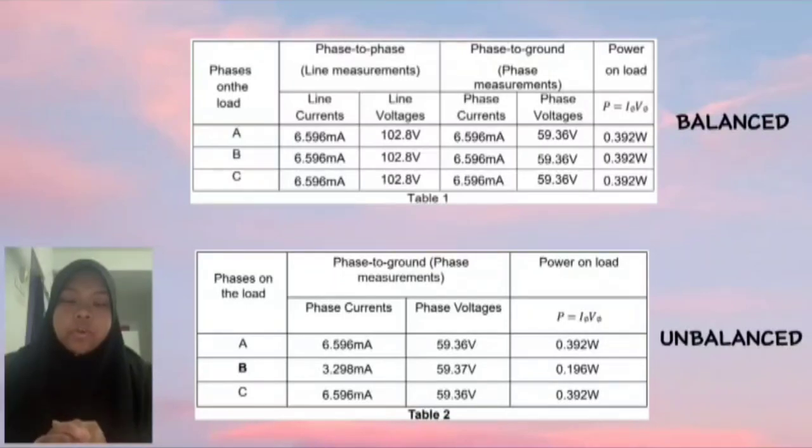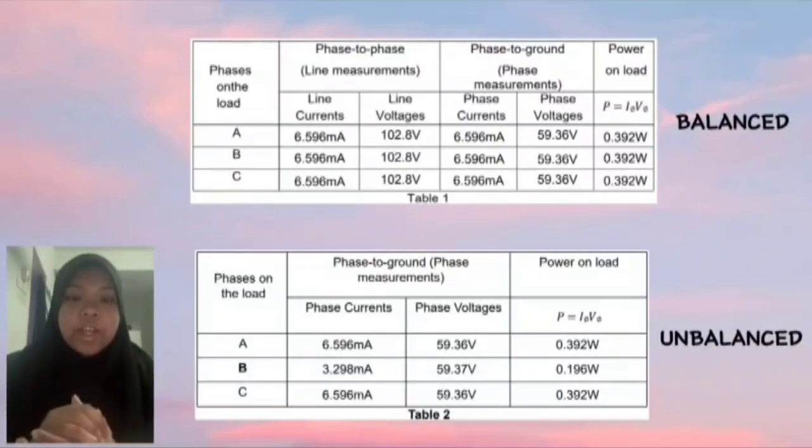And also for power, the balanced load is the same, but the unbalanced load is more different, from 0.392 to 0.169. So that is the difference in balanced and unbalanced loads.